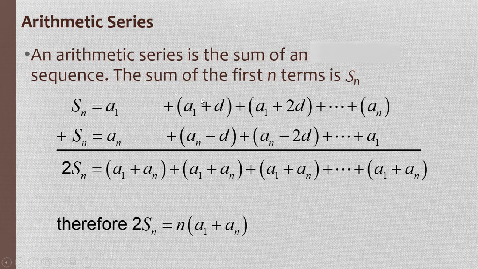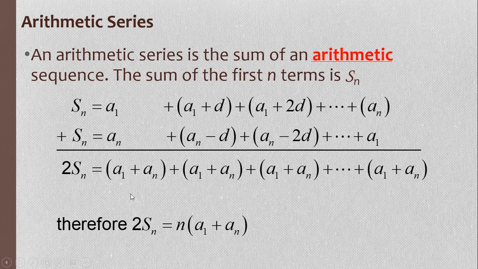If you add the two series together, you get a sub 1 plus a sub n. Here the d's cancel out, so I have a sub 1 plus a sub n. And here the two d's cancel out, a sub 1 plus a sub n. You get all the way to the nth term, and you get a sub 1 plus a sub n again. So that is n times a sub 1 plus a sub n. You're going to have n of those, and you're going to divide by 2.